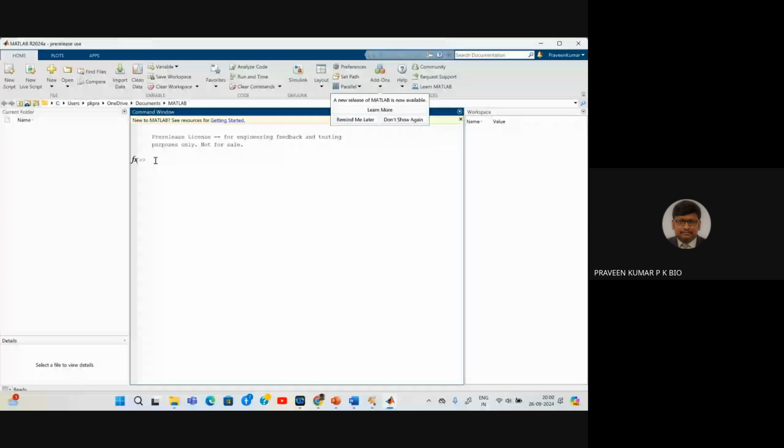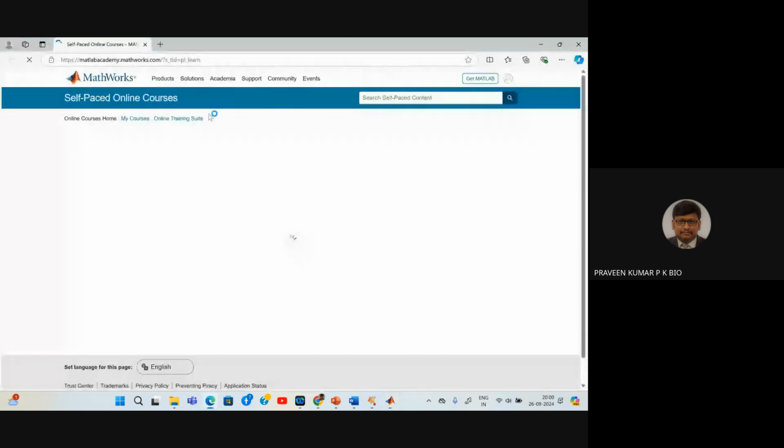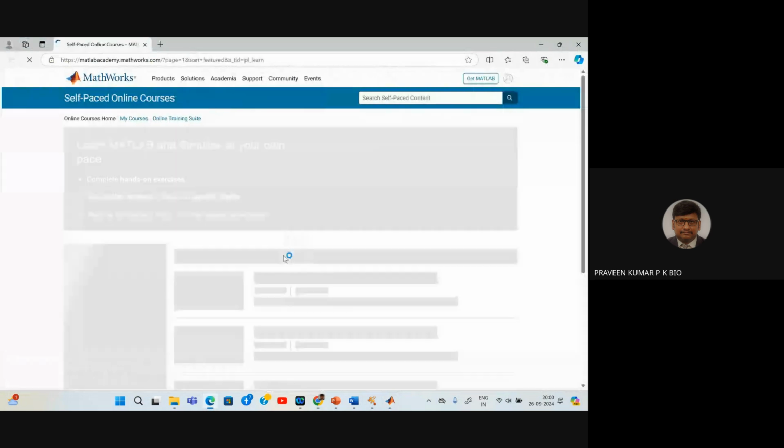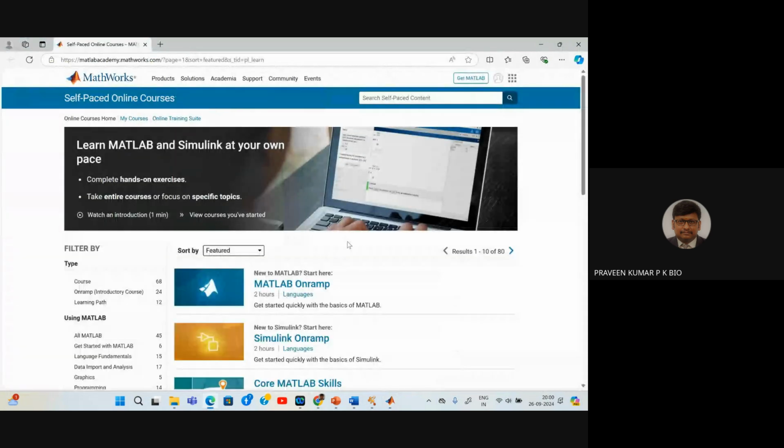So if you see here, this is the window of MATLAB, where you can also practice through MATLAB commands. If you want to learn MATLAB as a beginner, if you click here, you can find online tutorials. It gives step by step instructions.